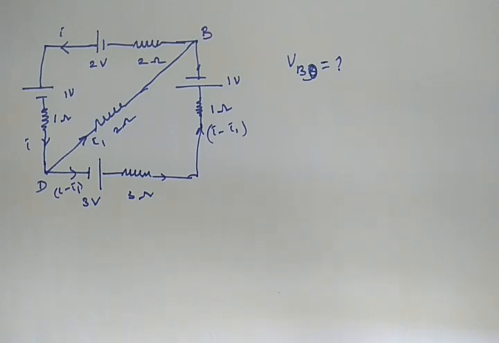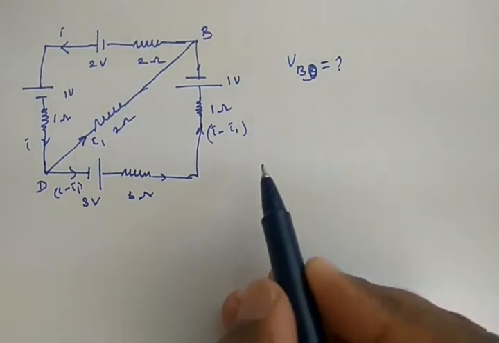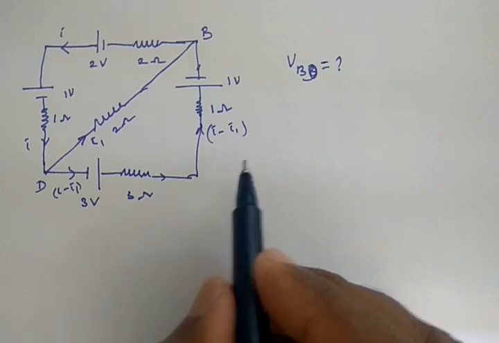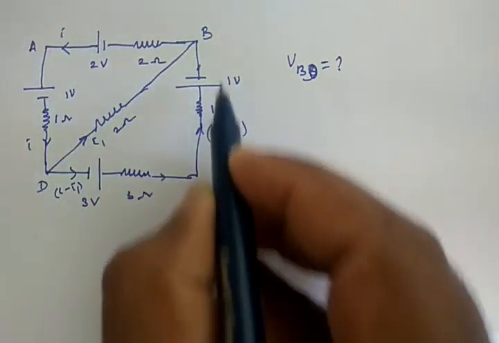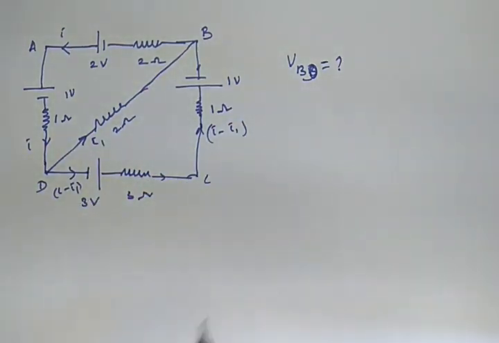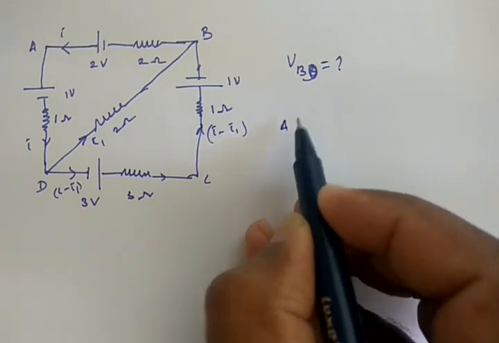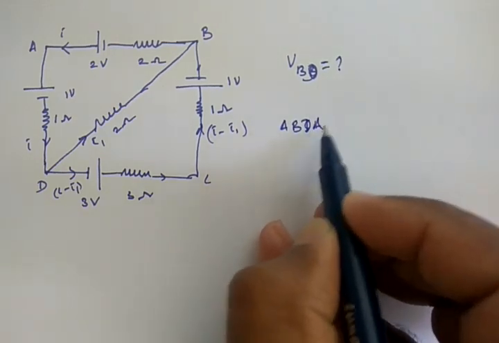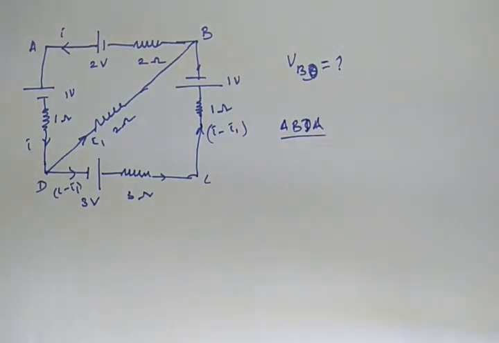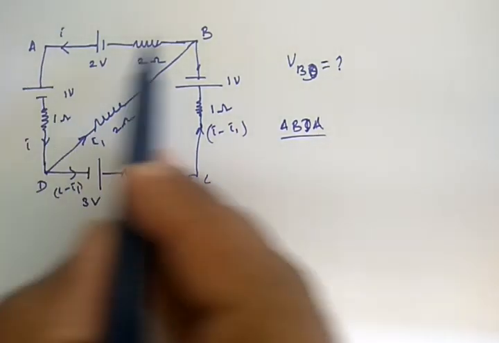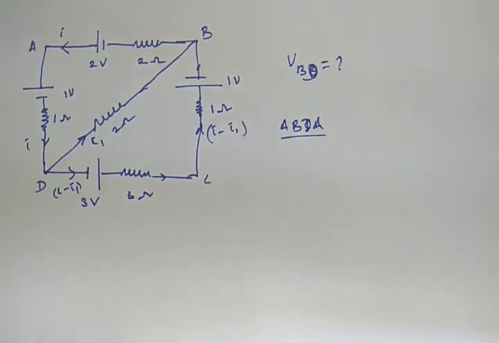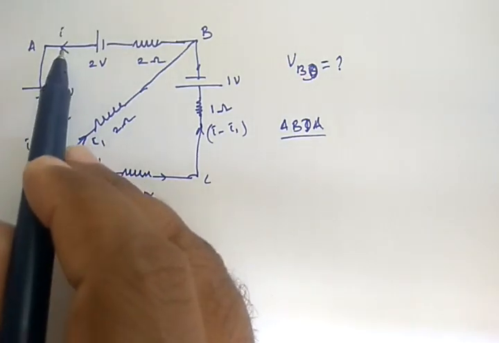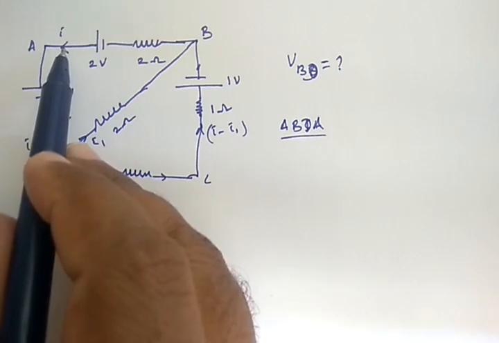So now you can apply the loop rule here. Let us take a loop here, A, B, D, A. This is the loop. Then the sum of the voltages across all elements must be 0.